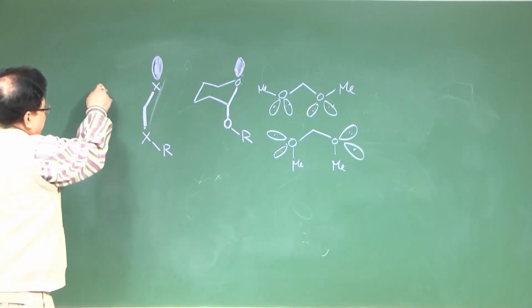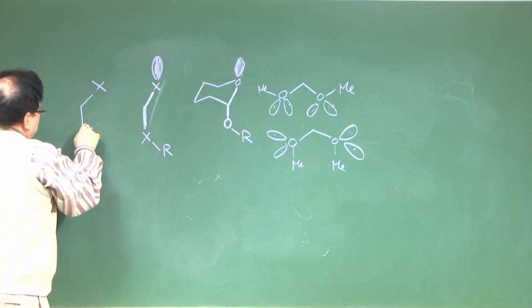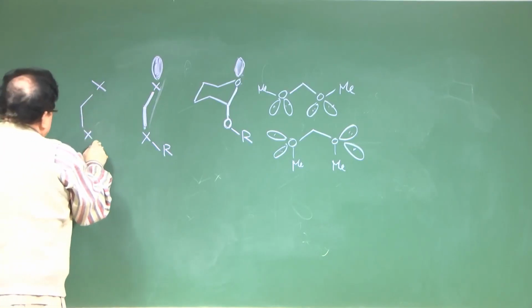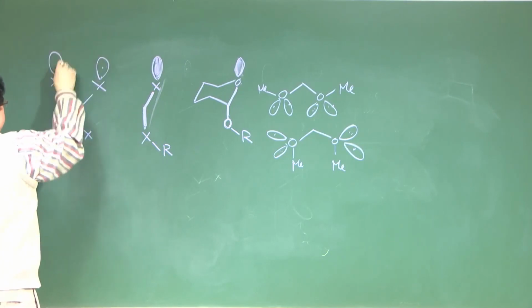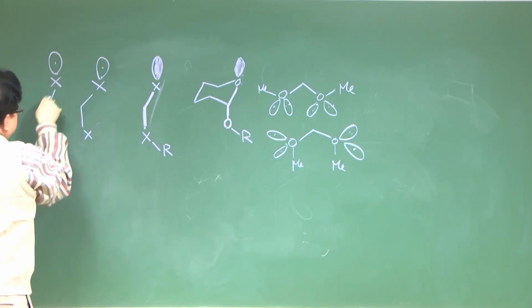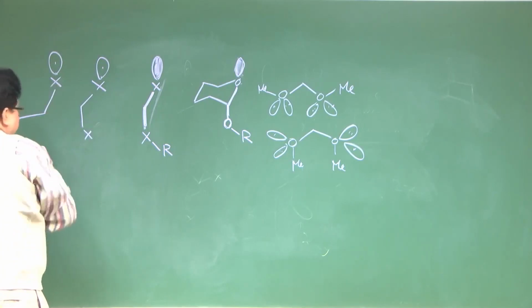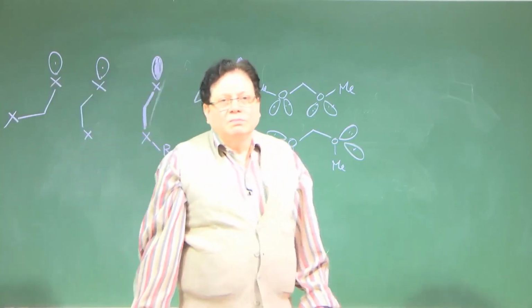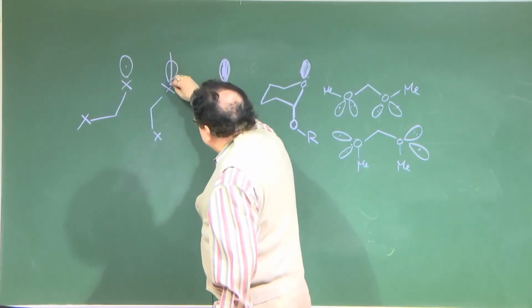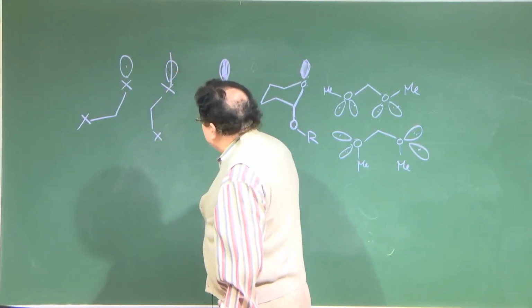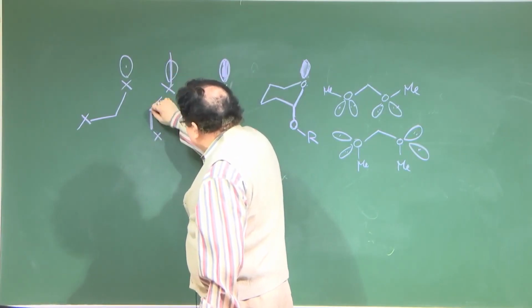That means, I can say that if a molecule adopts this type of conformation versus these two, this is exactly the system which can generate the anomeric effect, because this is anti to this beta bond.